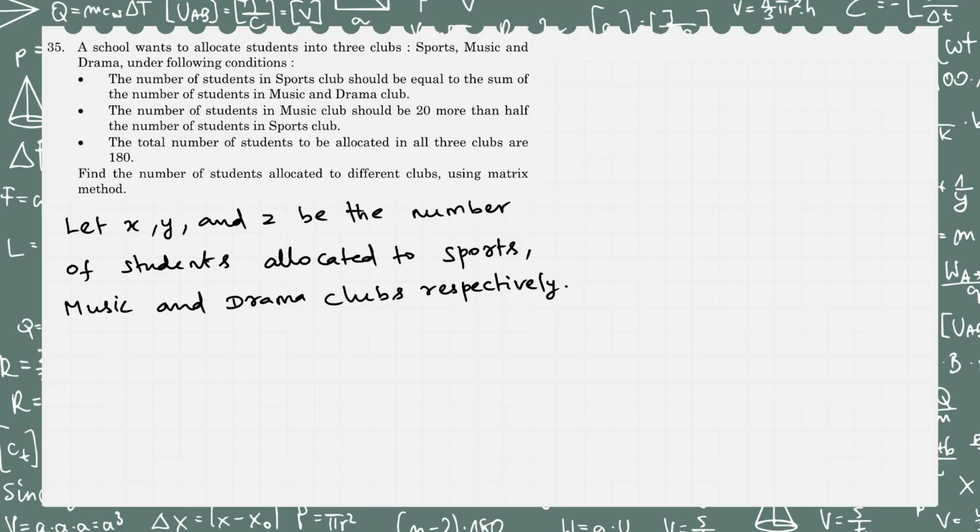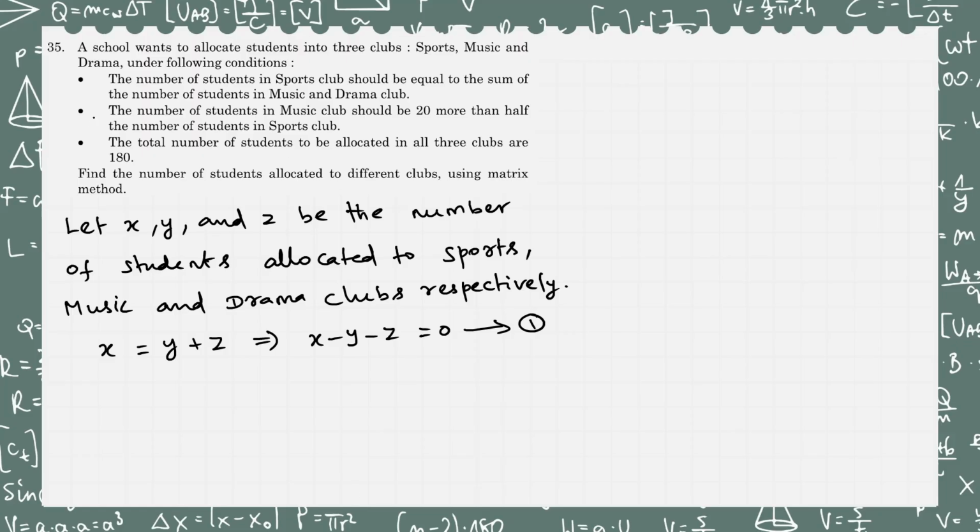So let us try to impose the given conditions on our variables. The number of students in sports club, that is x, should be equal to the sum of the number of students in music and drama. Sum of the numbers means y plus z. So according to the first condition, x equal to y plus z. We can rewrite this as x minus y minus z equal to 0. That will be our first equation.